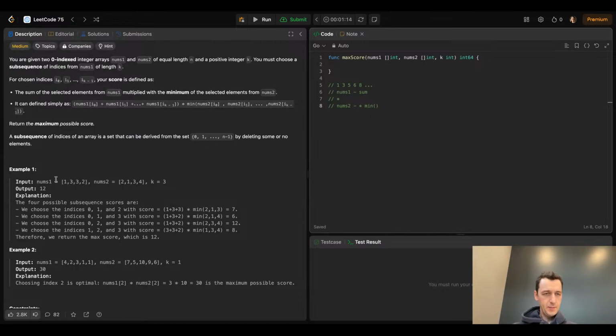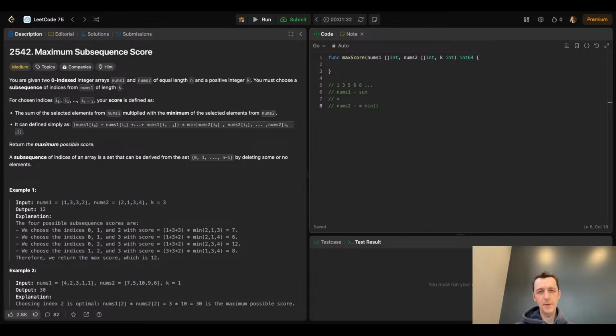All right, nums1, nums2, they're the same length, but the numbers could be different. Case 3, output 12. Okay, that's the index. And we want to find the maximum. Return the maximum possible score. That's the score, not index. A subsequence of indices is a set that can be derived from a set by deleting some or no elements.